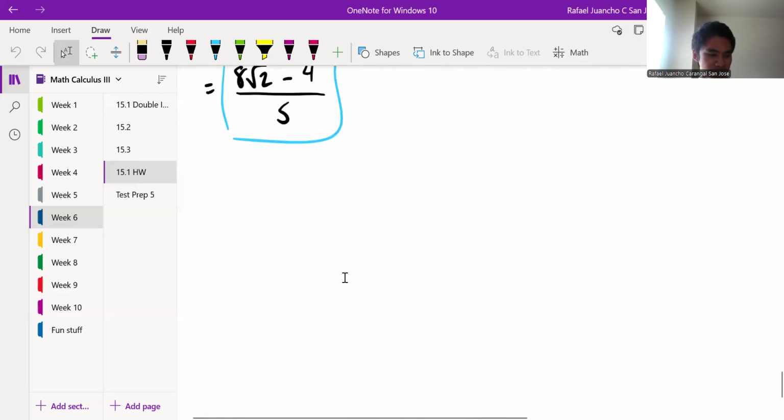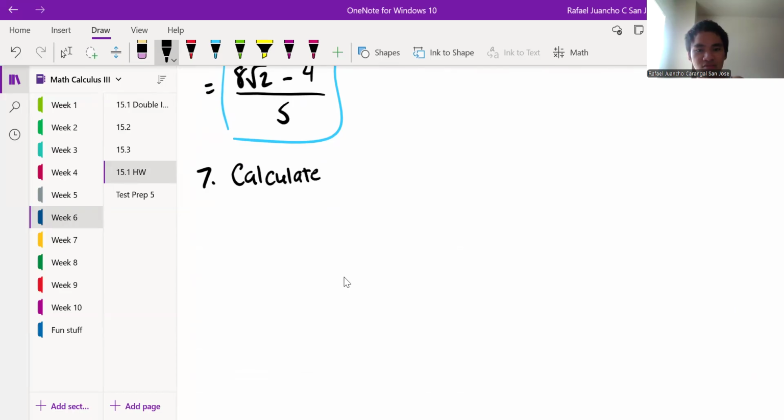Okay, now let's do more examples here. Okay, so number 7, here we're being asked to calculate a double integral, right? So how do we do that? Well, okay, here's what's given.